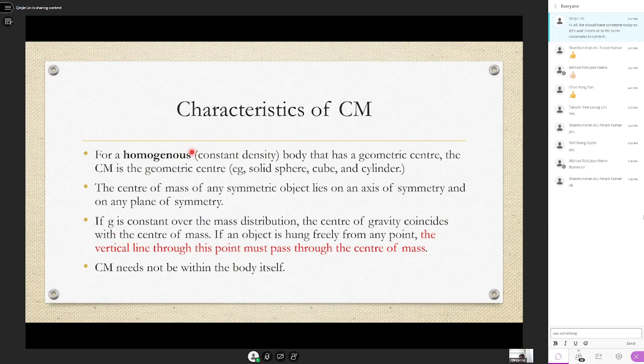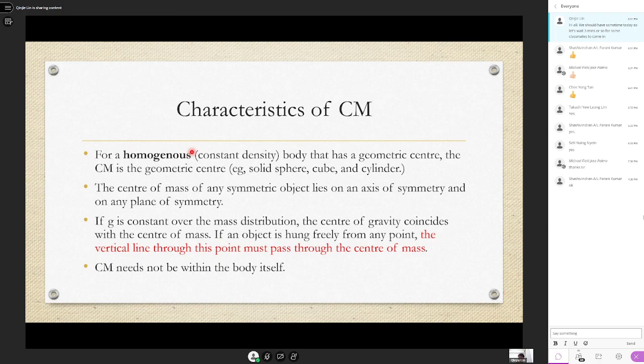Of course, in real life, this is not talking about an ideal situation. In real life, even objects that seem homogeneous may not be. Even if you hold an iron rod or steel bar in hand, the left is steel and the right is steel, but a steel bar may not have homogeneous density. During the manufacturing process it may not be so ideal.